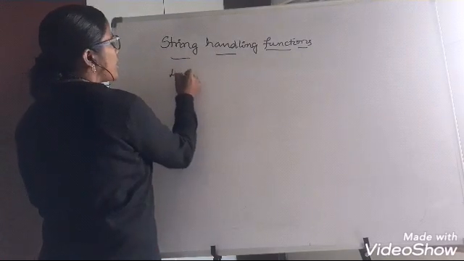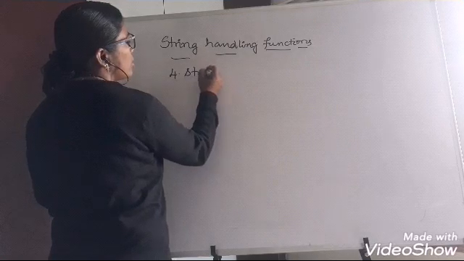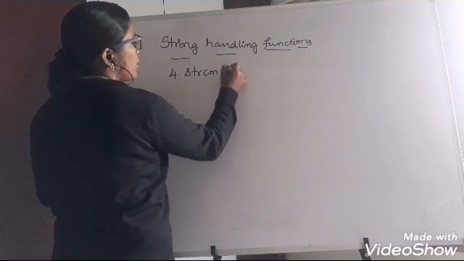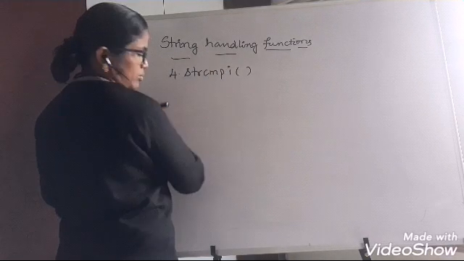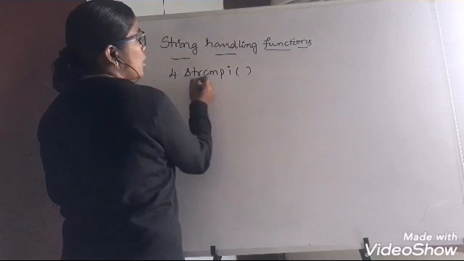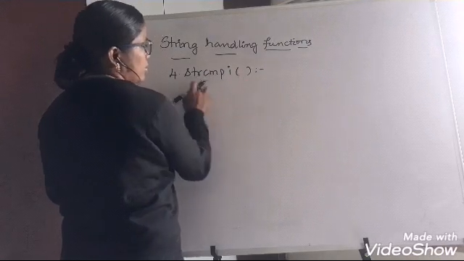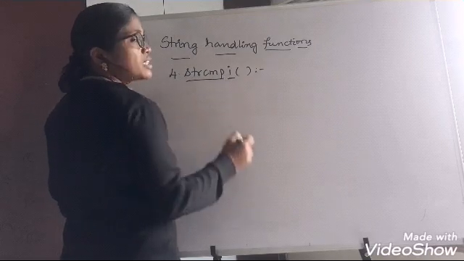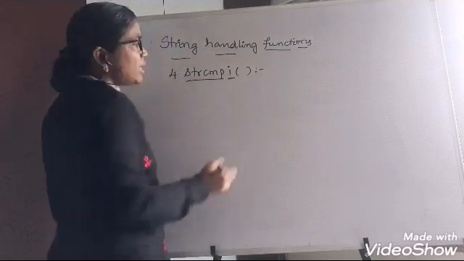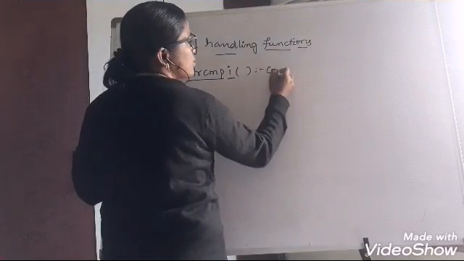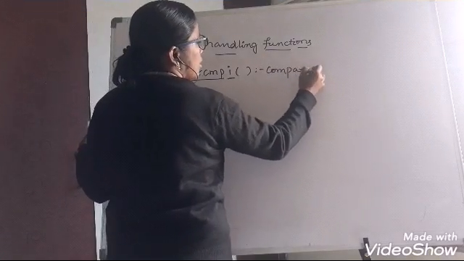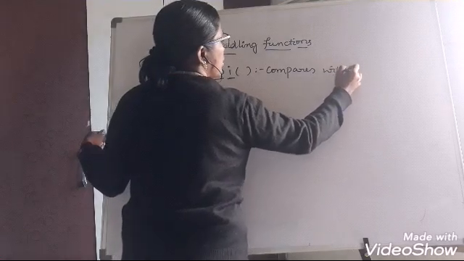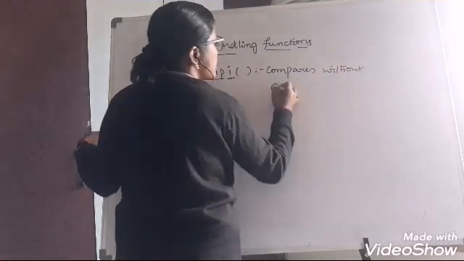Next, string handling function, string compare I. So it will compare. This is common like the previous function, but it is followed with I. The meaning is it compares without case sensitivity.